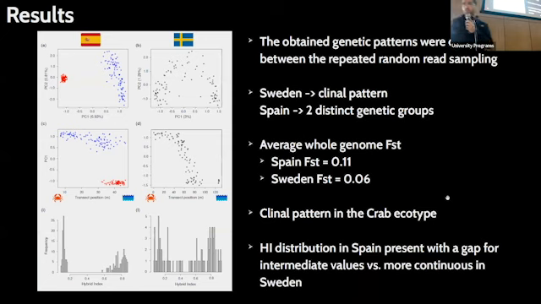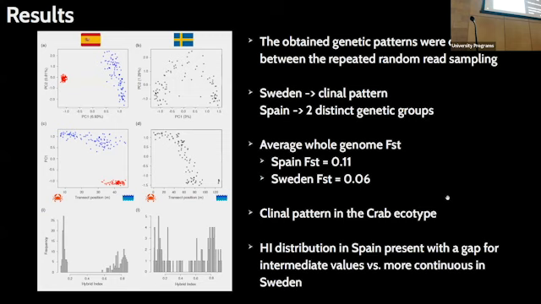So now the first results, based on the whole genome sequencing averages. This is a PCA for whole genome data: this is Spain and this is Sweden. Here what you can see is the difference between the two.